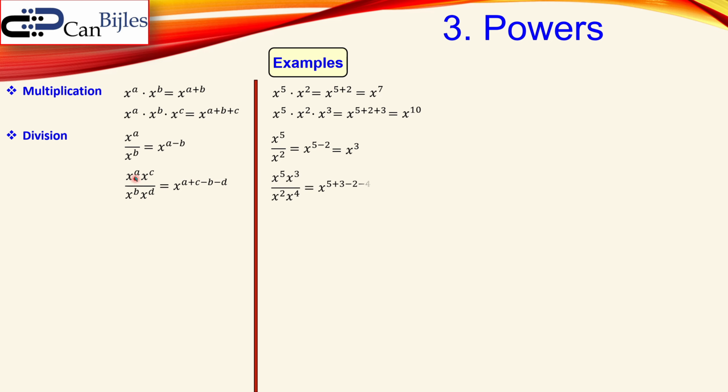Now let's see an example. You see here a and c, like 5 and 3, and b is 2 and d is 4. So you do 5 plus 3 minus 2 minus 4. This is only valid if all the parameters like x, x, x are exactly the same. Okay, so that means it will be then x squared.